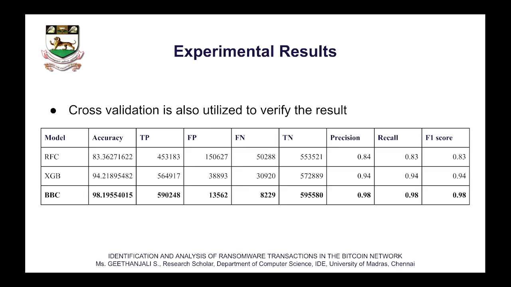The precision and recall were also considered, and the decision of finding the best model involves the F1 score too. To verify the result, so that the result is not biased, five-fold cross validation was also applied, and a similar result was obtained.